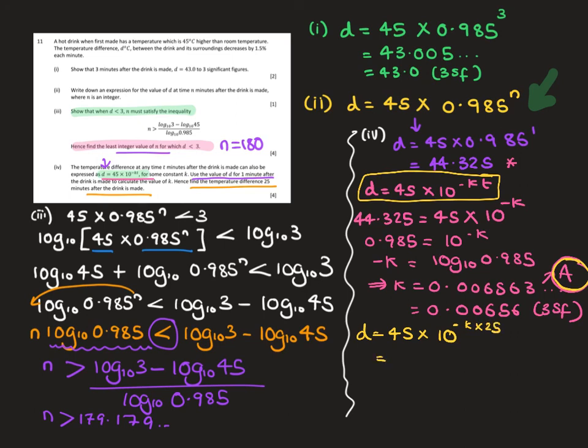So input that into your calculator carefully, and you should find you get an answer which is 30.840..., so 30.8 to 3 significant figures.